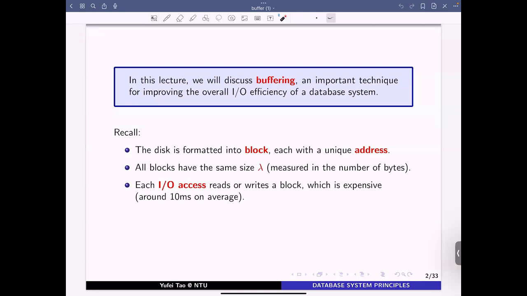All the blocks have exactly the same size, and this is measured in the number of bytes. Last time I said a very common block size is 4 KB, so that will be 4096 bytes.